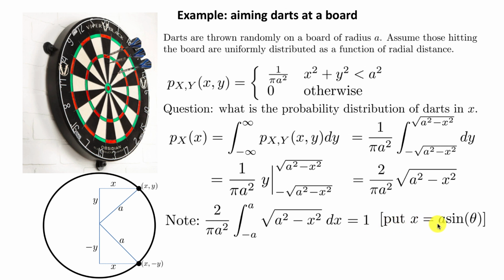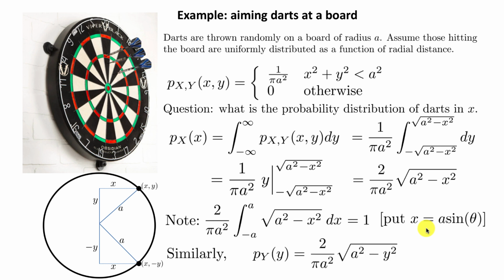Just put x equal to a sine theta, in which case you'll have over here a squared into 1 minus sine squared theta, which is cos squared theta, and so the square root of that will be a cosine theta, and then dx is equal to a cosine theta d theta. Just do the integral and you'll see that it is equal to 1.